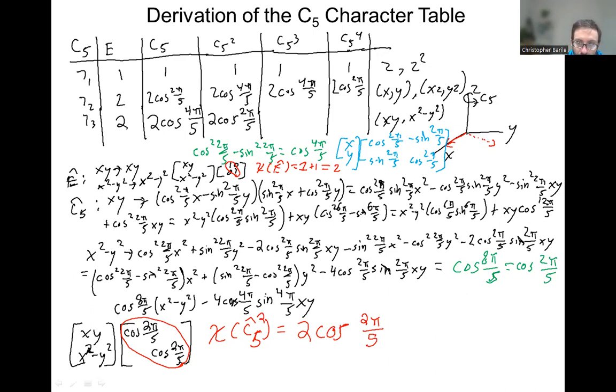And 12 pi over 5, and so the same thing is going to happen down here, right? This 8 is going to turn into 12 for the same reasons. It's going to turn into 12 pi over 5 when we had 6 pi. And cosine of 12 pi over 5 turns out to be the same as cosine 2 pi over 5.